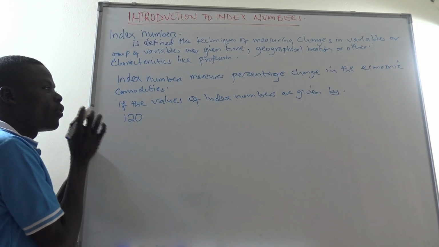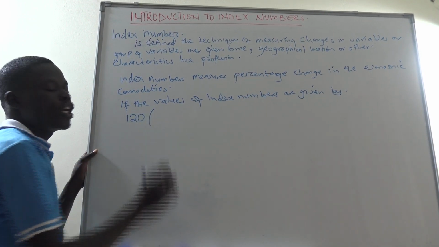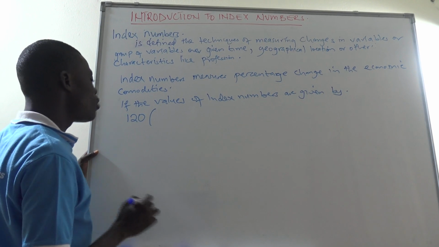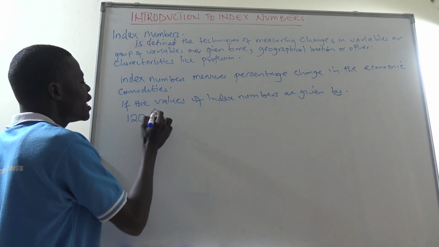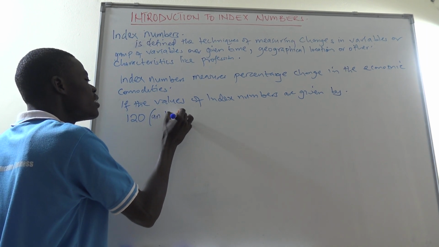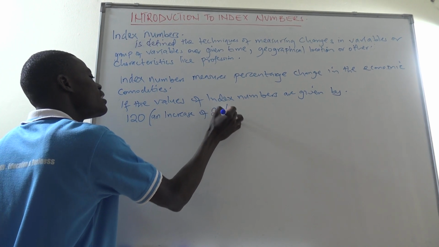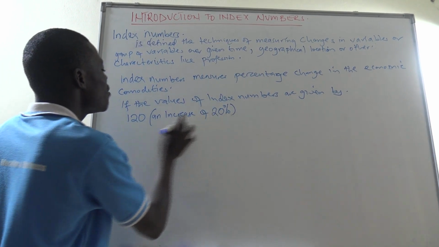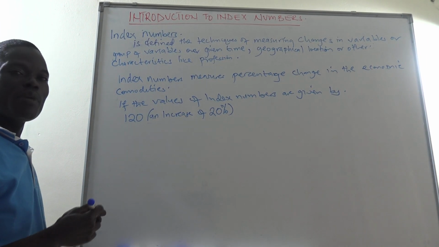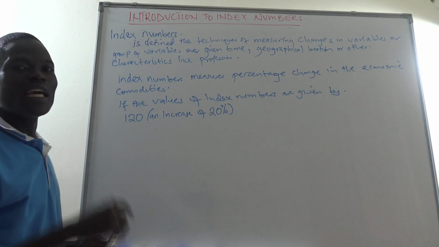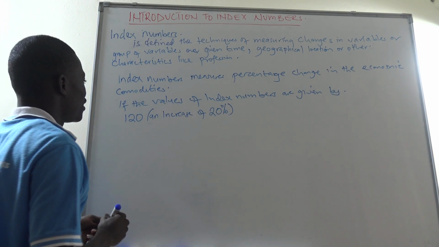If you calculate any index number and you get 120, this means you have obtained an increase of 20% in that index number you are calculating. If you are calculating the price, then it indicates that there has been an increase in the price by 20% for that commodity you are calculating.